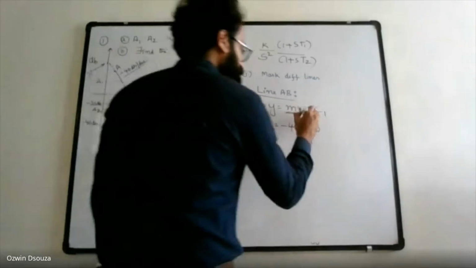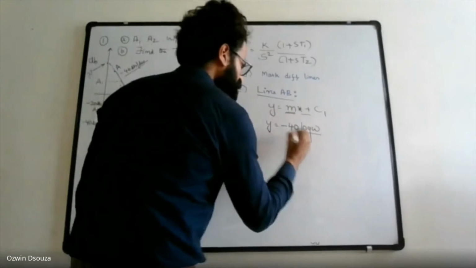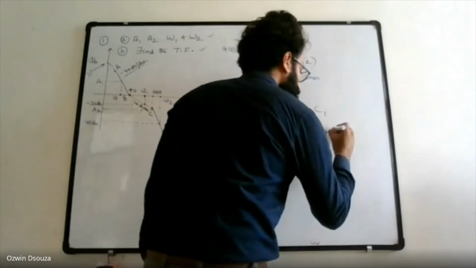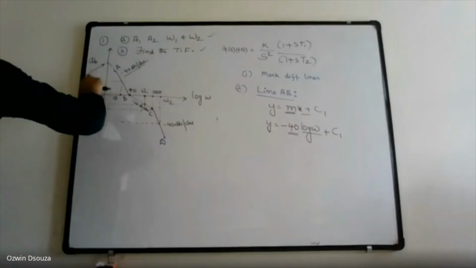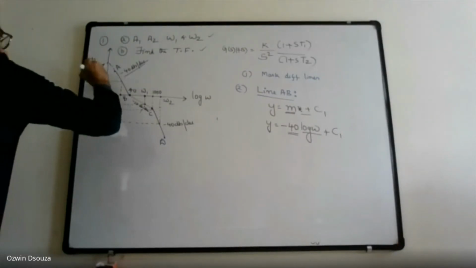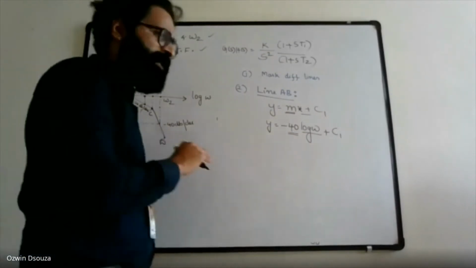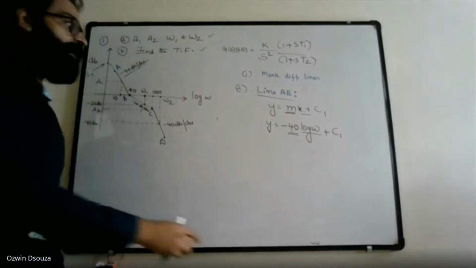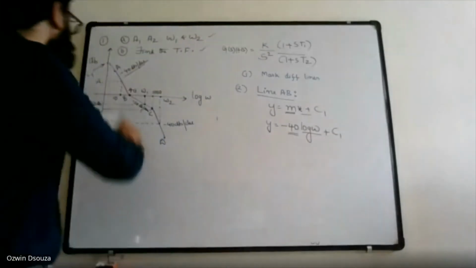So in place of x you write log omega, and in place of m you write the corresponding slope, which is minus 40, plus c1. This c1 is whatever I have written right here with a question mark. That should be the constant of this particular straight line. If you don't have any factors at origin, it could be a pole or a zero, you would have got c equal to 0. It depends. For this particular problem, you have some intercept with the y-axis.